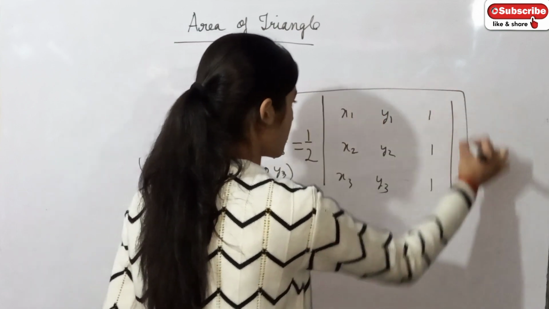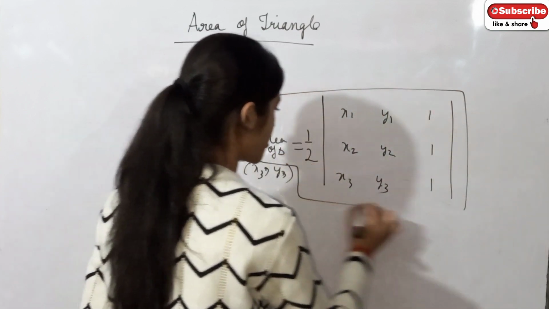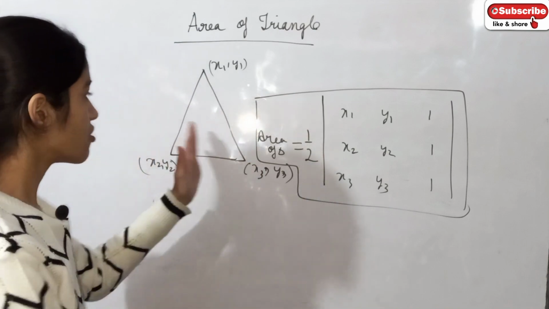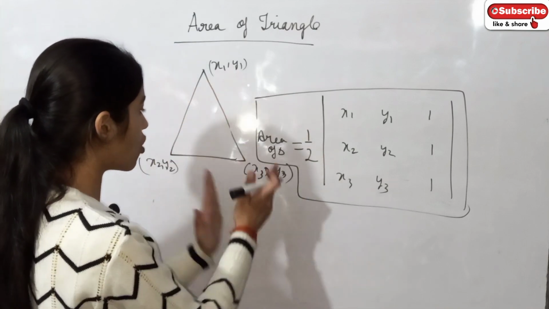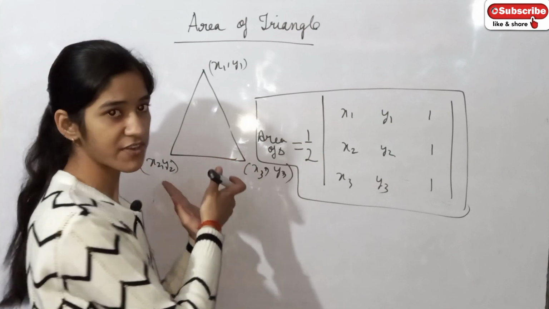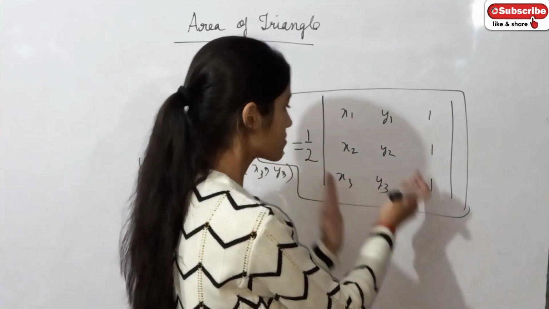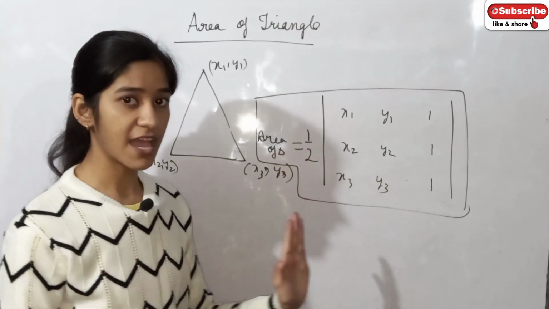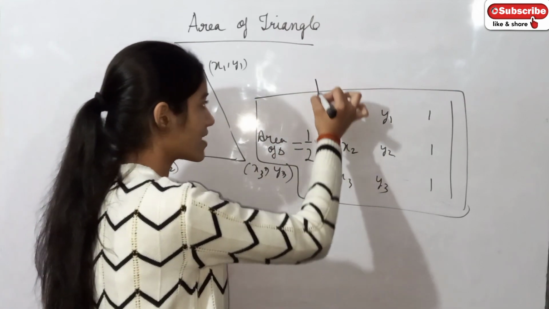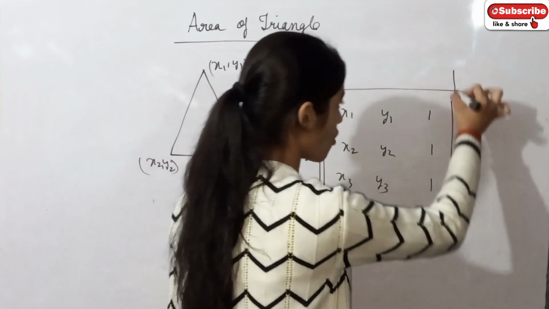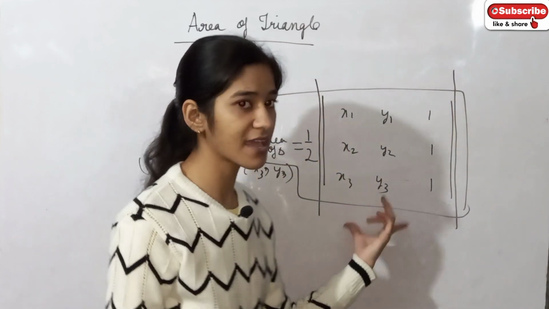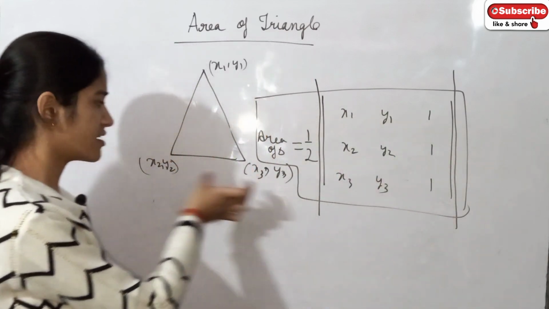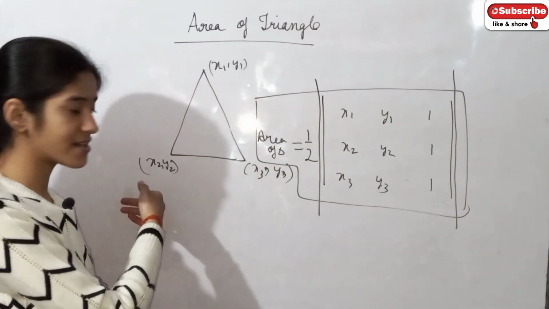This is the formula of the area of a triangle in determinant form. We simply have to put the coordinates of a triangle in determinant form and multiply it with half, then we get the area of the triangle. And remember that this quantity is always taken in a mod, because the value can be negative or positive depending on the coordinates.